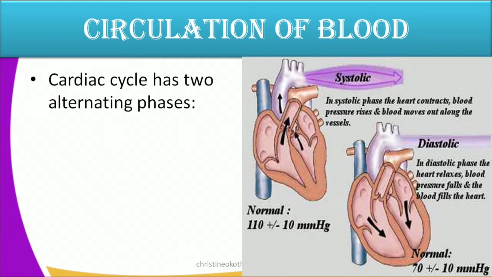Then diastolic is the opposite of systolic. So the heart was contracting, so here the heart will be relaxing. And when the heart is relaxing, it means that the blood pressure will be falling and the blood will be filling the heart. So systolic cycle is just the opposite of diastolic cycle.